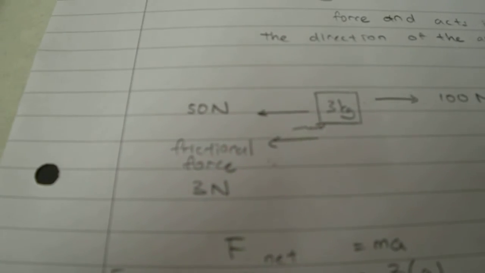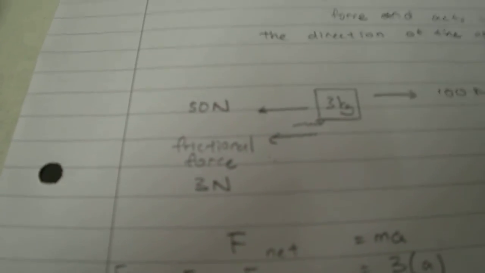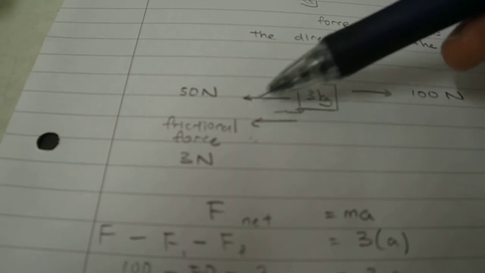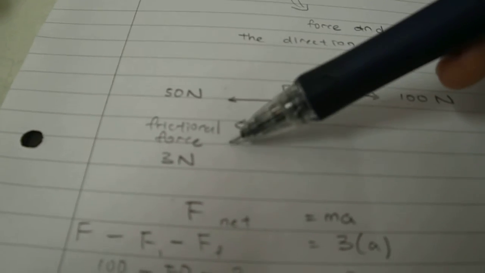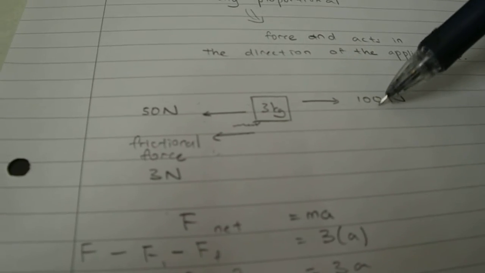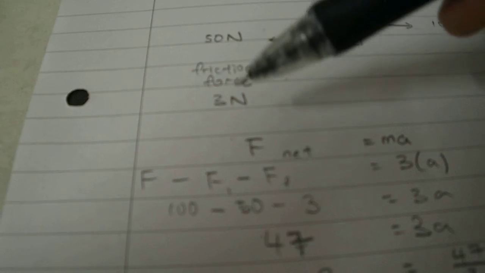So the actual force that is causing this object to move is F net. Force is also used to overcome these types of forces. I forgot, I think this is called resultant force, and this is called frictional force. So some of the force that I'm exerting on this object is being used to overcome these forces. So you have to subtract those.